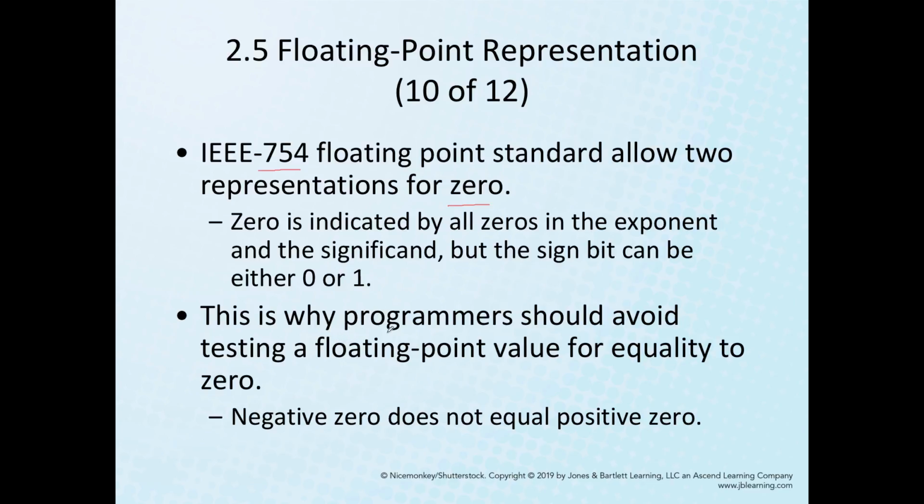Because of that, when you write programs in any language, do not compare for 0. If a computation result ends up as negative 0 in the floating point representation, but you compare it with positive 0, then this is false, not equal, and so on. So you should never ever compare directly with floating point values.